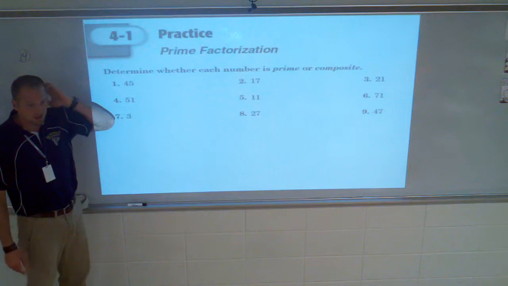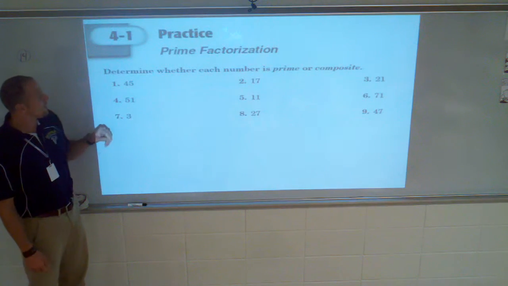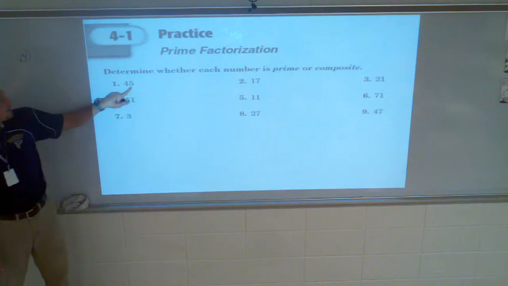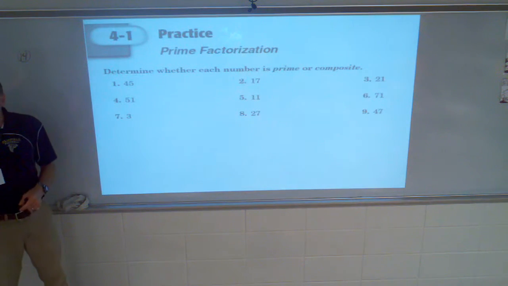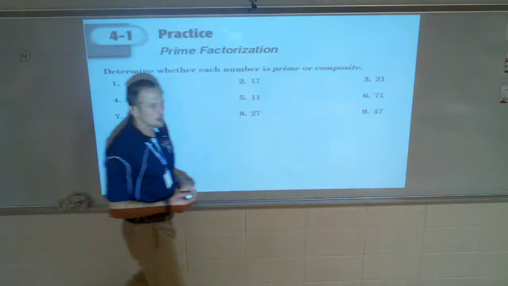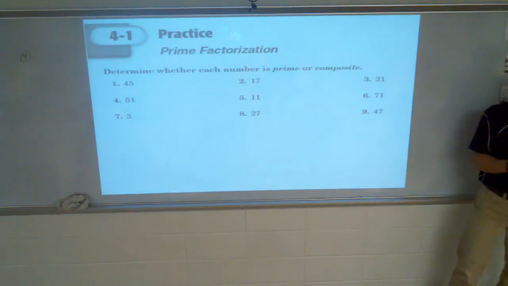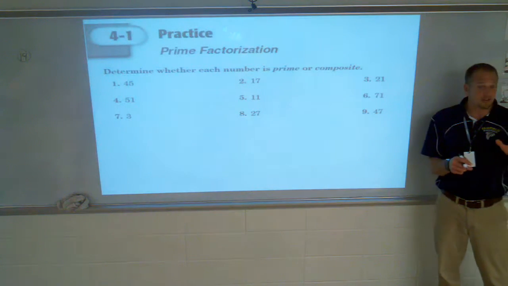If you have your calculators, you can use them. Alright? If you can do it in your head, you can do it in your head. But just looking at 45, I know I can divide it by 3. Okay? I can divide it by 5, I can divide it by 9, I can divide it by 15. There's lots of numbers I can divide it by.